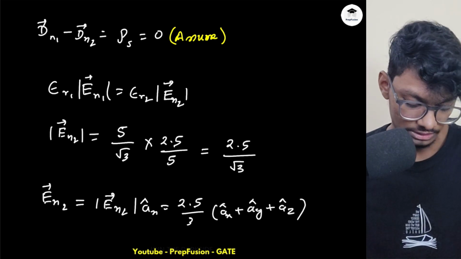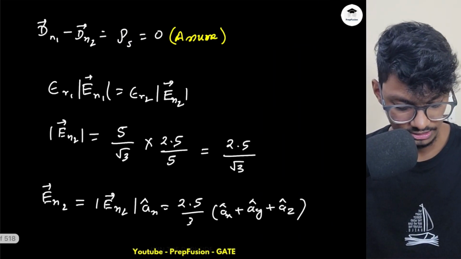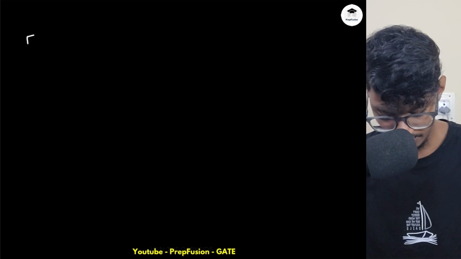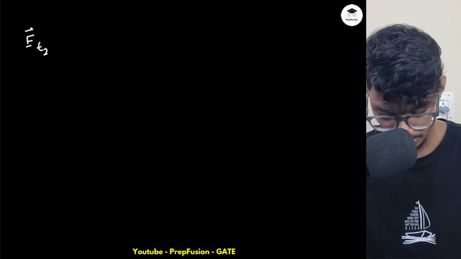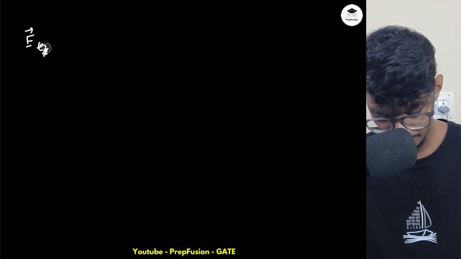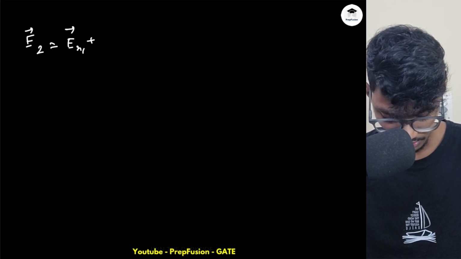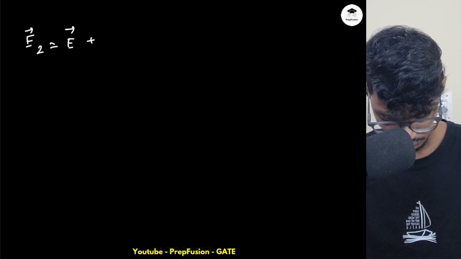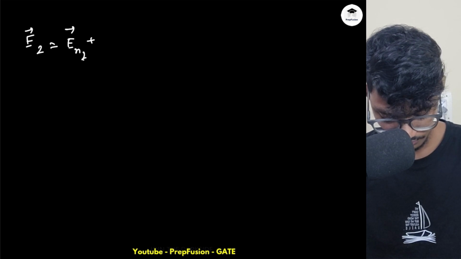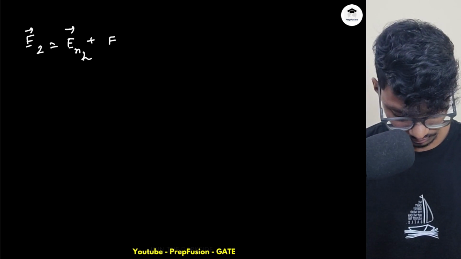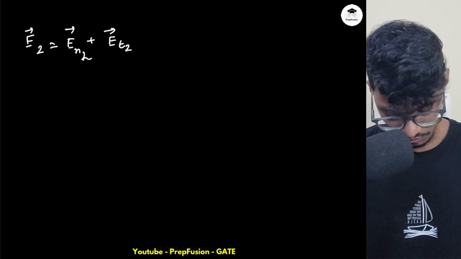So now I have got En2, En1, Et1, Et2. The electric field in the second medium, I can directly write, equals En2 plus Et2.